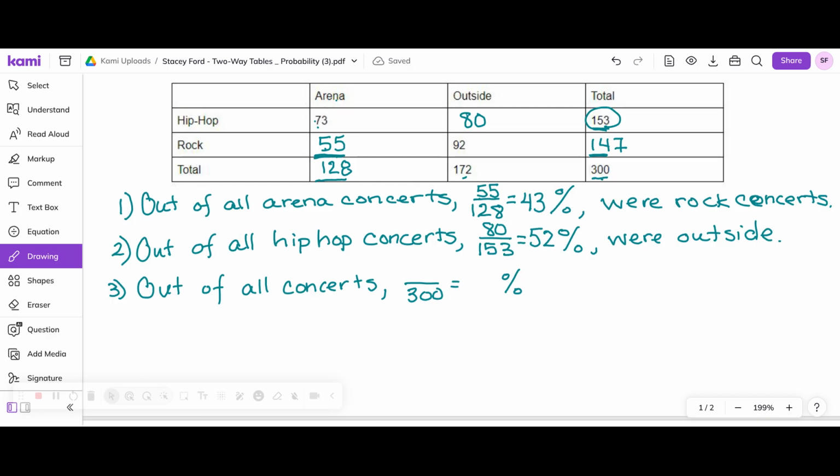I could say outdoor rock, or I could just be very generic. We're hip hop, we're rock, we're outside or arena. So I just need to narrow that down from out of all of them a little bit. So this one, I'm going to say we're rock. And that means if they were all rock, it's going to be 147. Okay, and then you're going to put it in your calculator, 147 divided by 300, times it by 100, and we're going to get 49%.